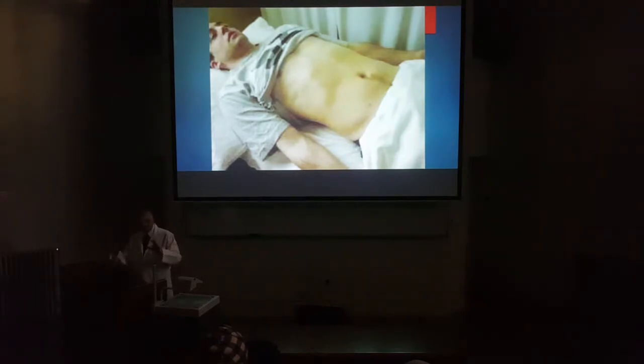Anterior abdominal wall. Abdominal problems are common. Examine the abdomen. There is no drawing on the patient. There are no colors on the abdominal wall. So you use your knowledge.